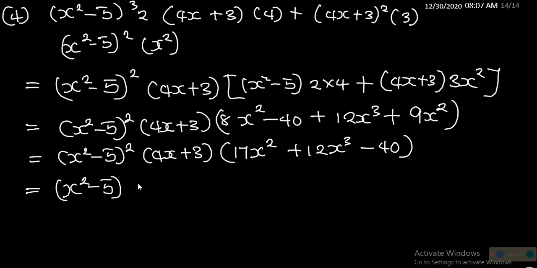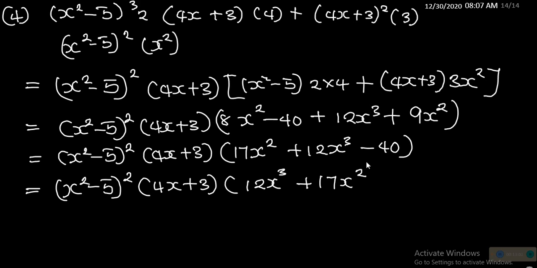and then we can rearrange the terms over there to have 4x plus 3 into 12x cubed plus 17x squared minus 40, and 12x cubed plus 17x squared minus 40 may not be factorized further.